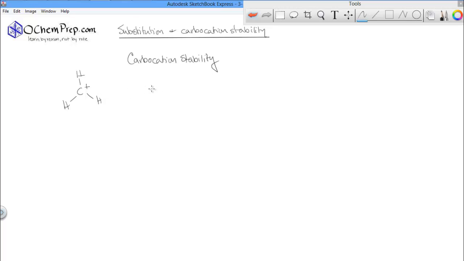Now, if I want a primary carbocation, I would add another carbon to this carbon. And so I'll have my two H's here. And then add a methyl group. So this is a primary carbocation. A secondary carbocation will have two methyl groups attached to the carbon, and still an H. And a tertiary, of course, would have three.